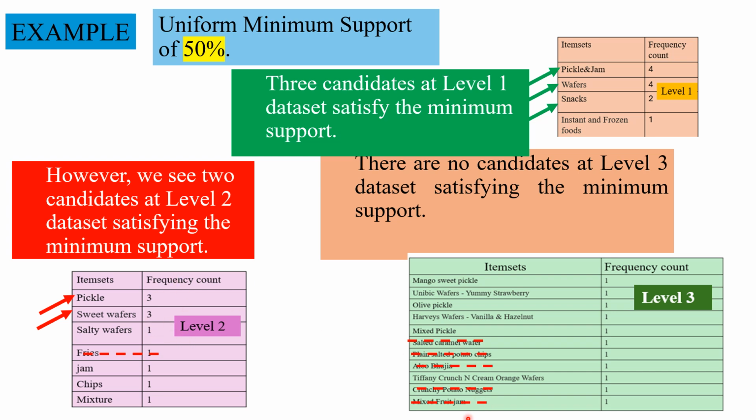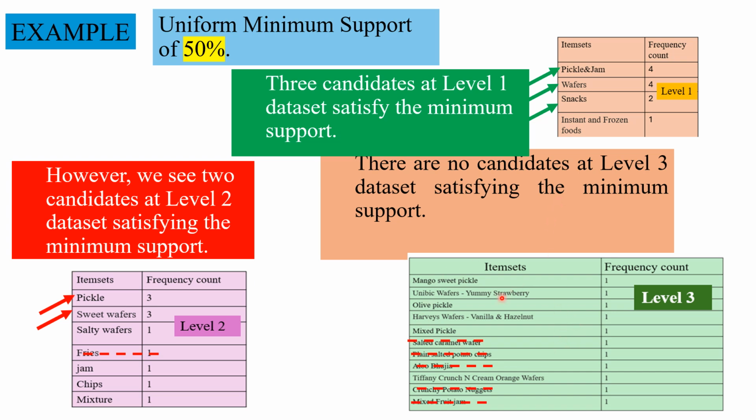So we just leave them out. So we examine the mango sweet pickle, the unibic wafers, the olive pickle, and so on. But again, we get their count as 1. So no candidates at level 3.